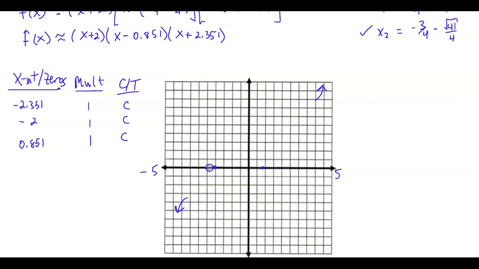And then you'll have another zero that's kind of close to about right there. And again, since all of these cross through the x-axis, we would have our graph cross through here, cross through there, and then cross through there if we're going from left to right. And so our resulting graph would look something like this. Our graph will come down, come up, come back down, and then come back like this again.